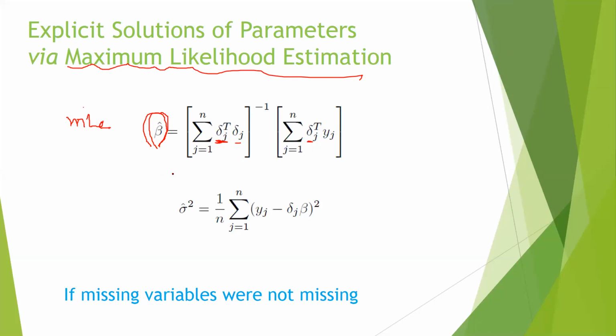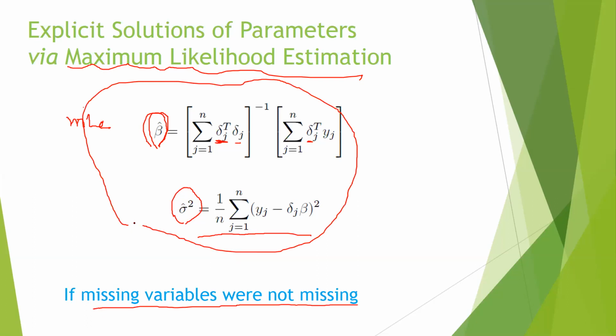So this is what we can do. And also we can get the estimation for the variance of the residual error using this. Any questions? If the missing variable were not missing, then we can easily get the MLE based on that linear regression model, right?